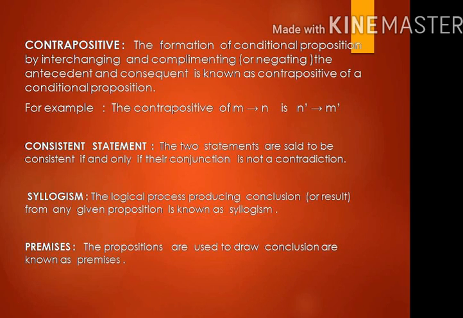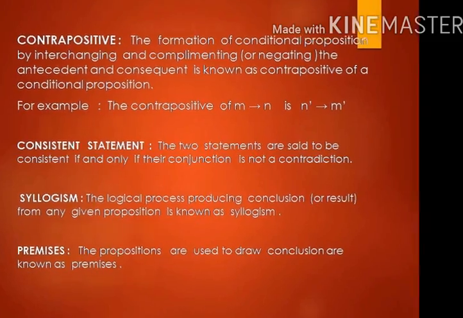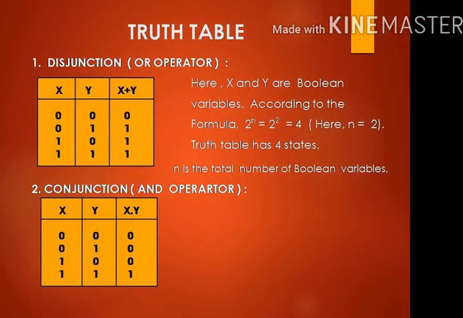The logical process of producing a conclusion or result from any given proposition is known as syllogism. Next is premises. What is premises? The propositions used to draw a conclusion are known as premises. The next slide is about truth table.